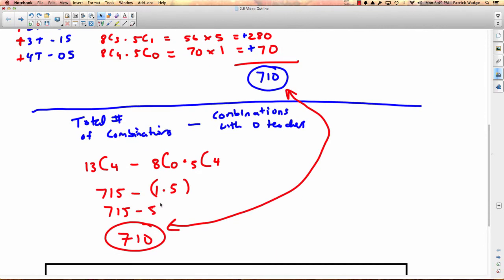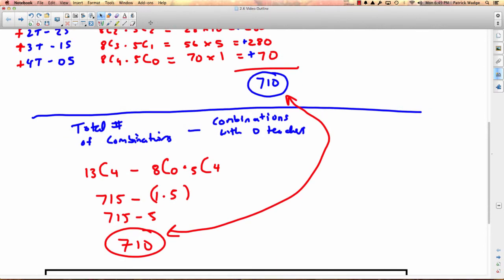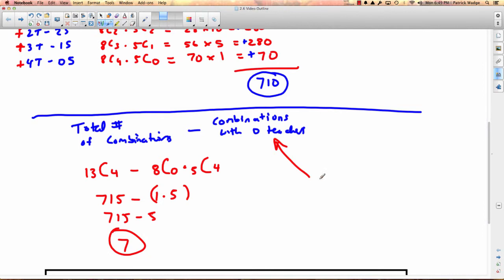The combinations with 0 teachers right here is called the complement. It's kind of like the opposite, or the complement of the required outcome.